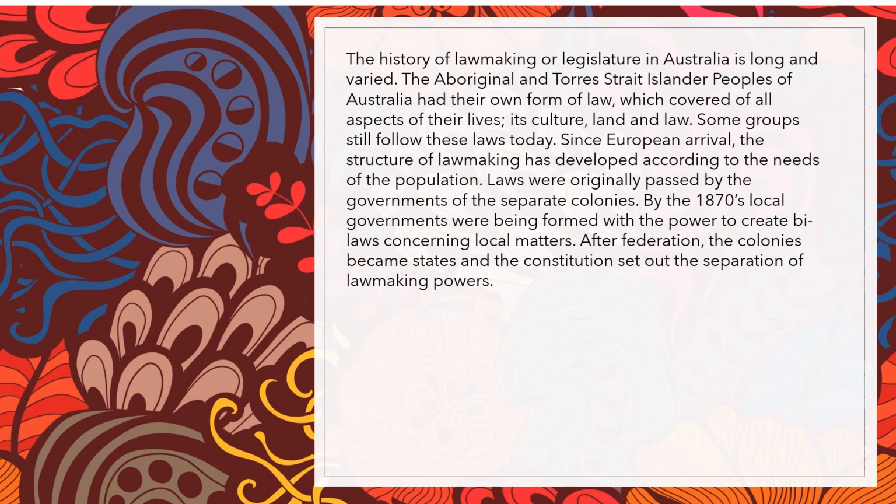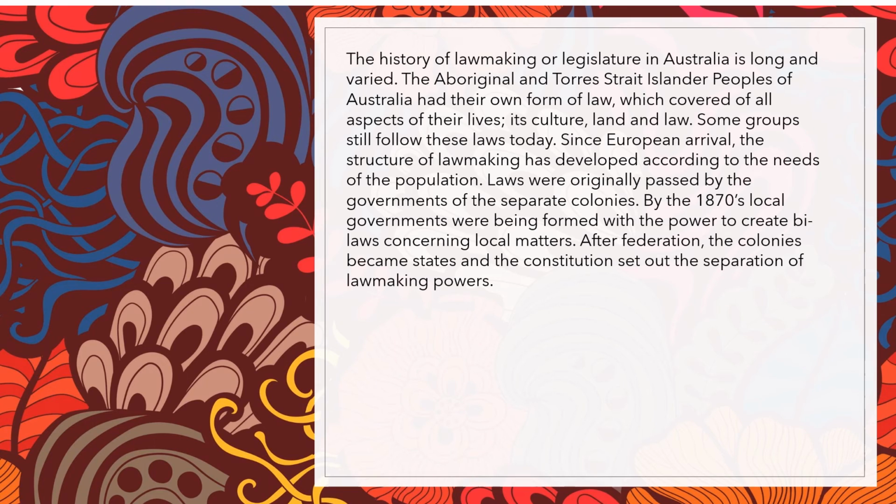The history of lawmaking in Australia is long and varied. The Aboriginal and Torres Strait Islander peoples of Australia had their own form of law which covered all aspects of their lives, including culture, land, and law. Some groups still follow these laws today. Since European arrival, the structure of lawmaking has developed according to the needs of the population.